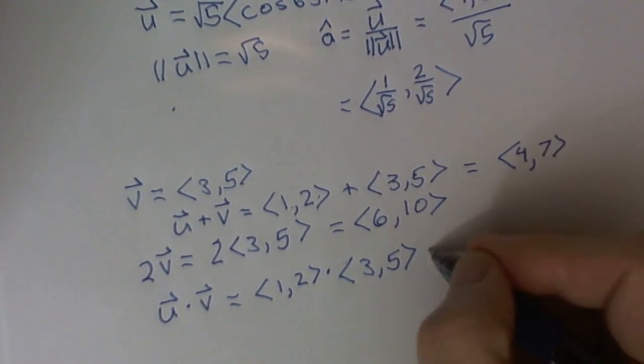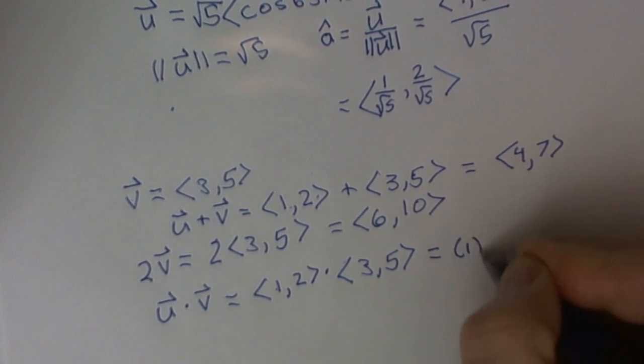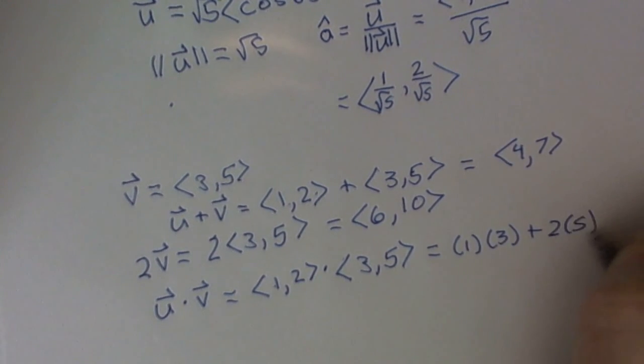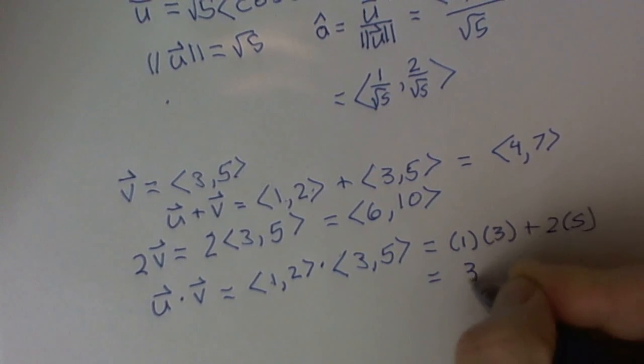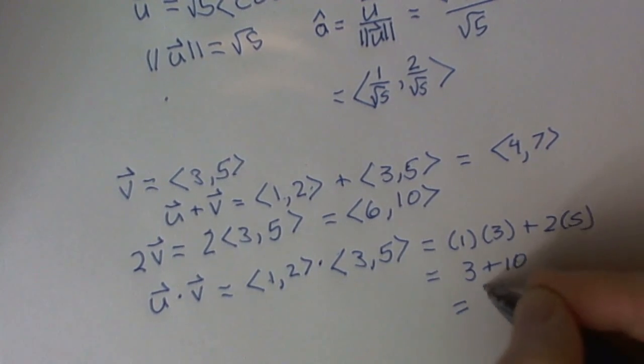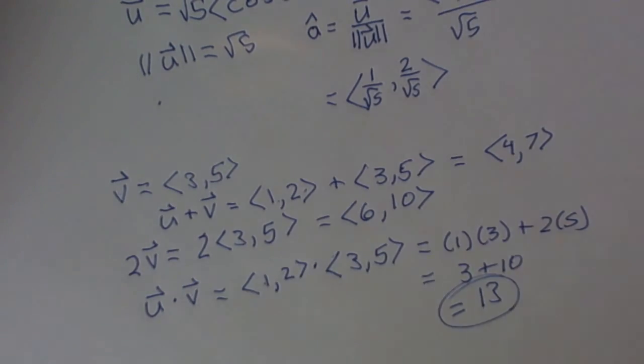So if we do u dot v, we just multiply corresponding parts together. 1 times 3 plus 2 times 5. We get 3 plus 10, and that'd be 13. Now notice the dot product is not a vector, it's a scalar. So when you perform this operation, the dot product, you get a scalar.